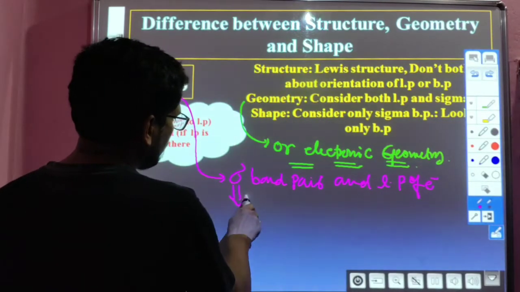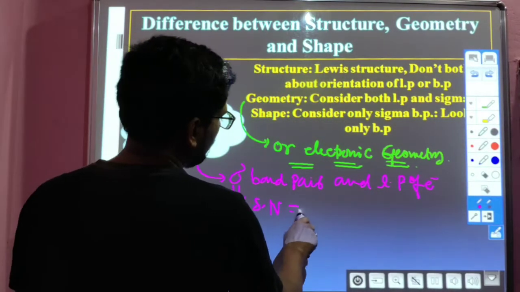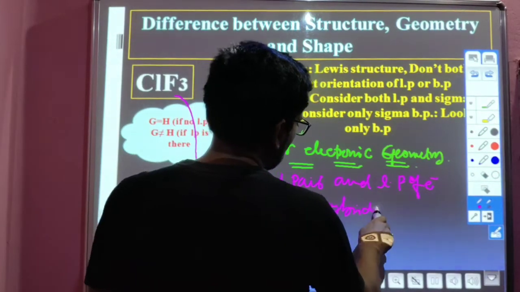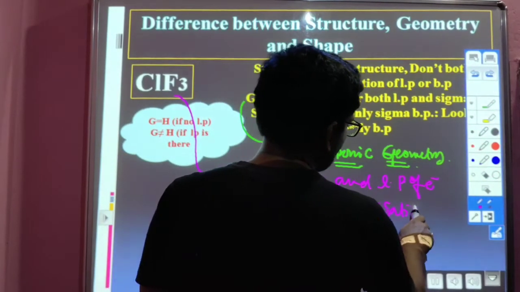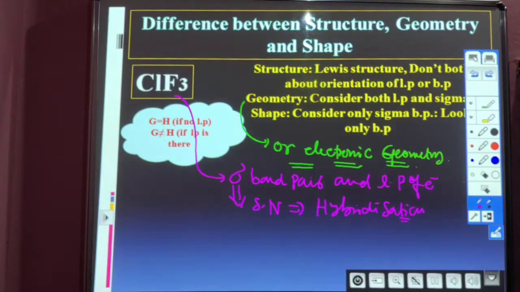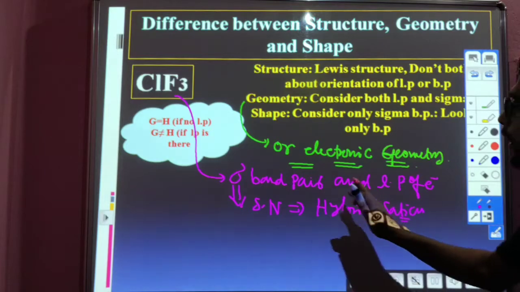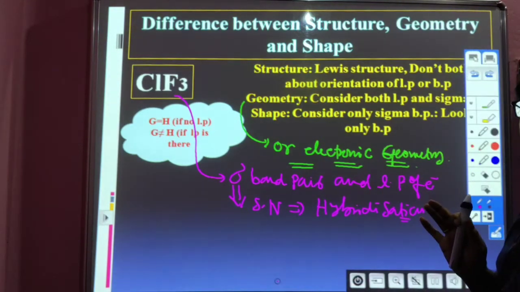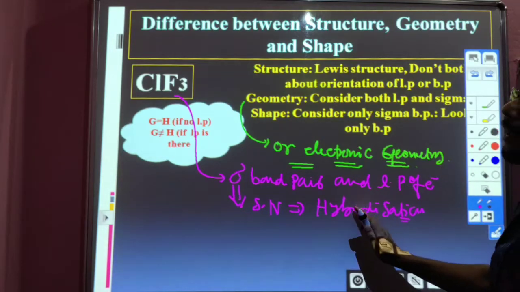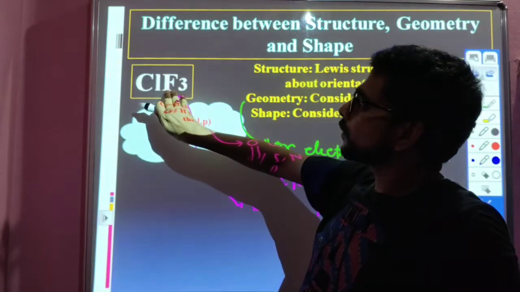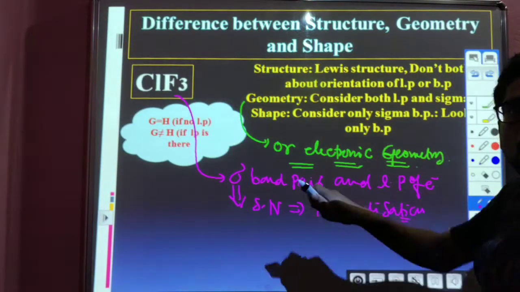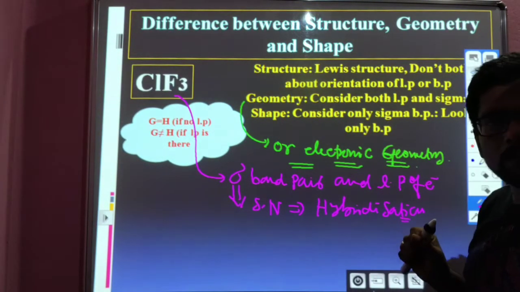From that you will get the steric number, and from that you will get the hybridization. Once you get the hybridization, you will have an idea how the hybrid orbitals in a particular molecule are arranged in space.